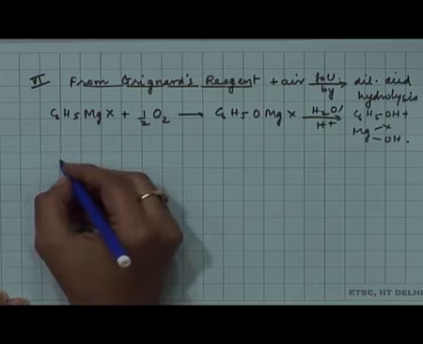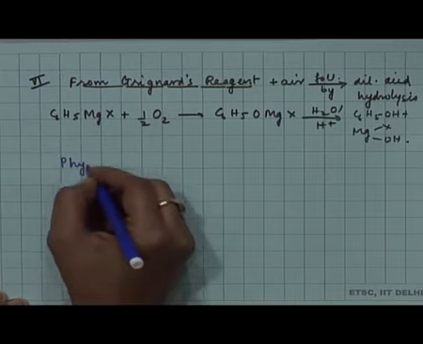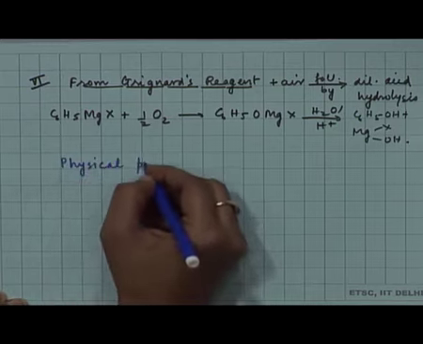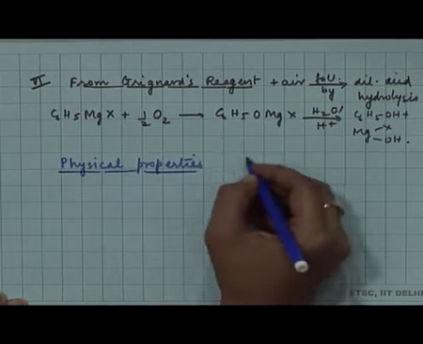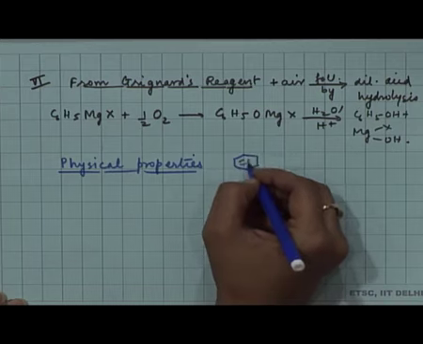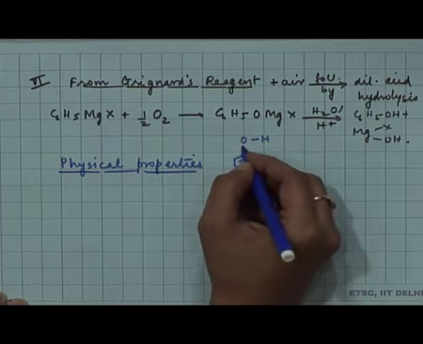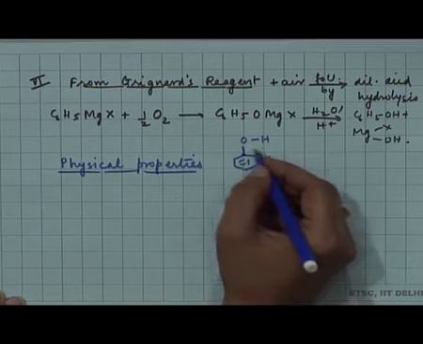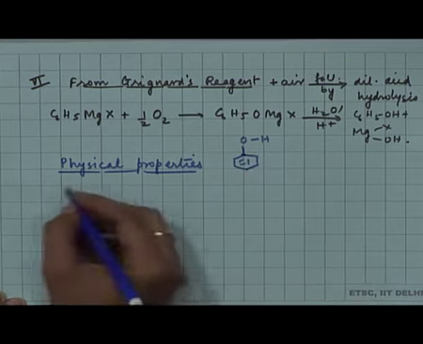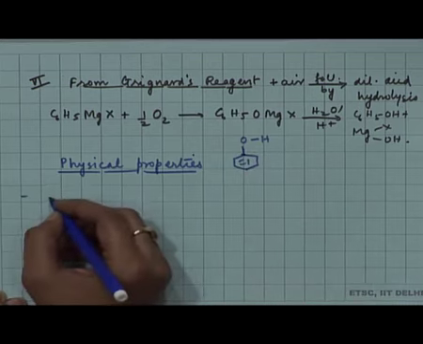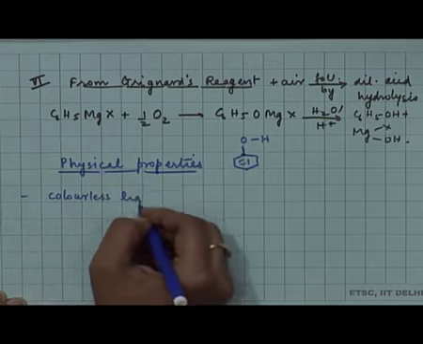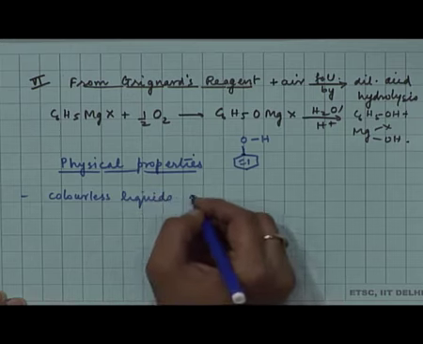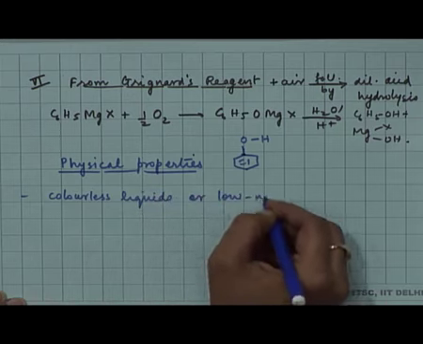Let us now look at some of the physical properties of phenols. When you see a phenol, there is a hydroxyl which is attached to this carbon, which is sp2 hybridized and part of the aromatic ring. If you look at the physical state, these are usually colorless liquids or they are low melting solids.